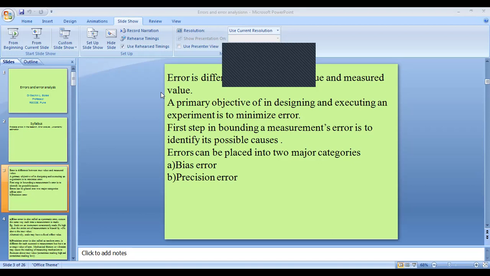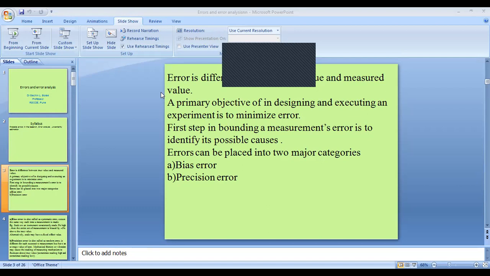Like your instrument scale may consistently read a higher value, maybe 5%. So the entire set of measurements will be biased by 5%, consistently higher.